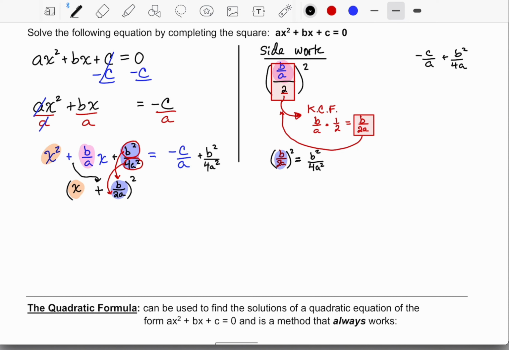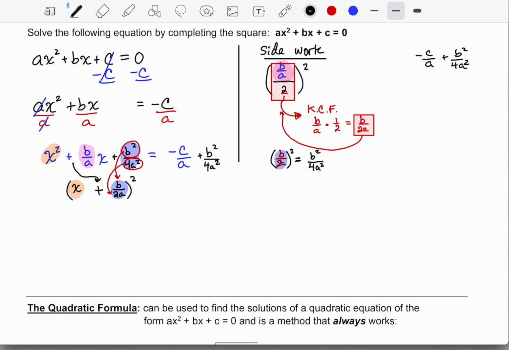If you're going to add 2 fractions, you need a common denominator. So I'd have to think about what I would need to multiply my first fraction by in order to make the denominator of my first fraction the same as the denominator of my second fraction.